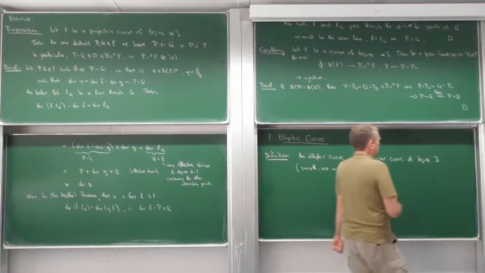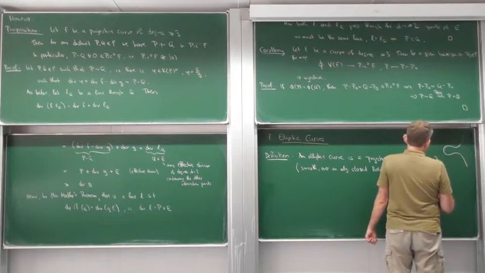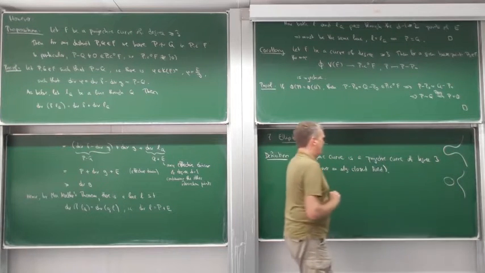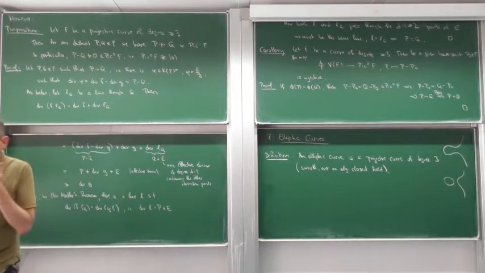The standard real picture could be something like this. That would be a degree 3 curve over the reals. Or we had also seen a disconnected one, or something like that. That could be an elliptic curve over the real numbers, if you draw a real picture.